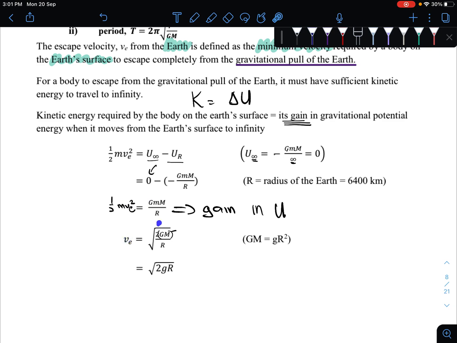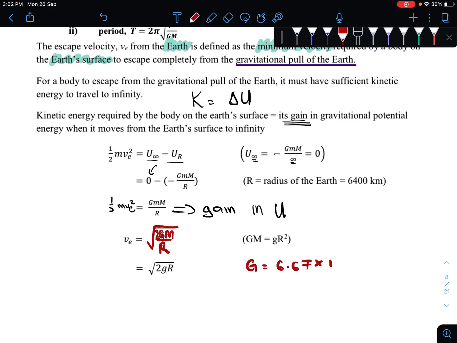So you will end up with escape velocity is actually equals to surd gm over r. Okay, so gm here is constant.